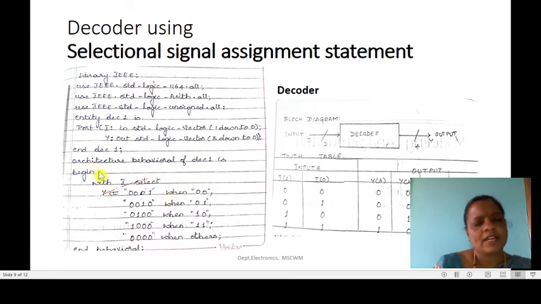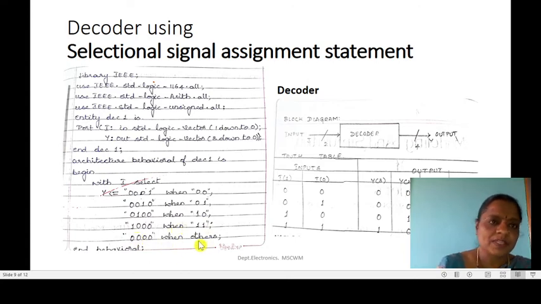How do you write the architecture? Architecture behavioral of decoder 1 is, and then begin. Now I have to use the selected signal assignment statement. It begins with the keyword with, and the expression is I, and then select. Then the target signal, with I equal to 0 0 1 when 0 0, and so on. We write the output we are going to get when the input is 0 0, and 1 0 0 when it is 1, and others.